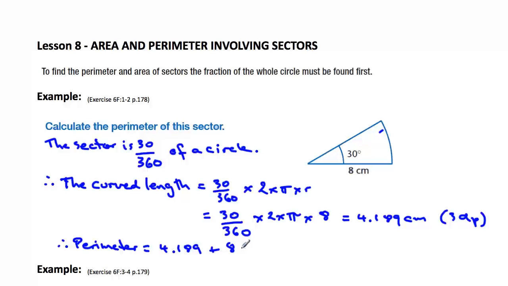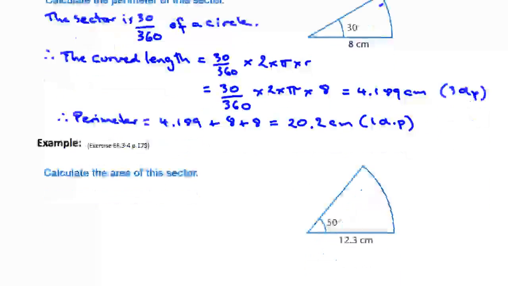So that's 8 plus 8, which gives a total of 20.2 centimetres, and that's rounded to 1 decimal place. So don't forget, when you're asked to work out the full perimeter of the shape, you must include the radiuses in that, because you will find that a lot of people forget that and end up with an incorrect answer.